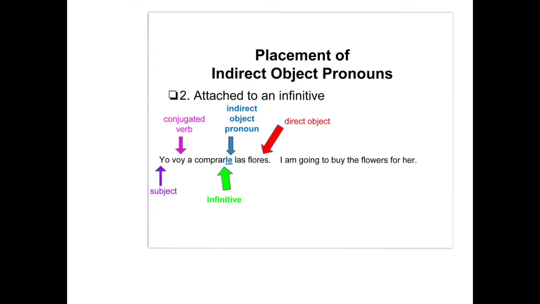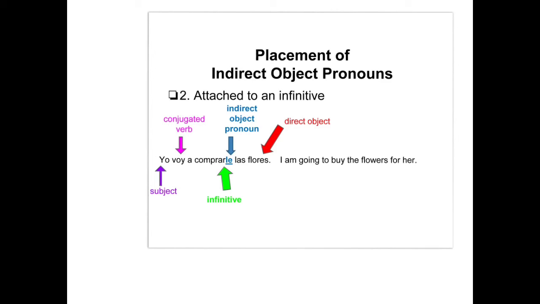Remember, just like we did with our direct object pronouns, when you are placing object pronouns like indirect object pronouns in a sentence, if you only have one verb in your sentence, you have one choice for where the pronoun goes, directly before the conjugated verb. When you have sentences like the example I have provided that have two verbs, voy and comprar, I have two choices about where I can place my pronoun.